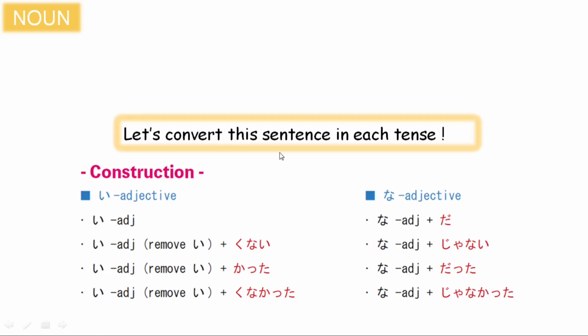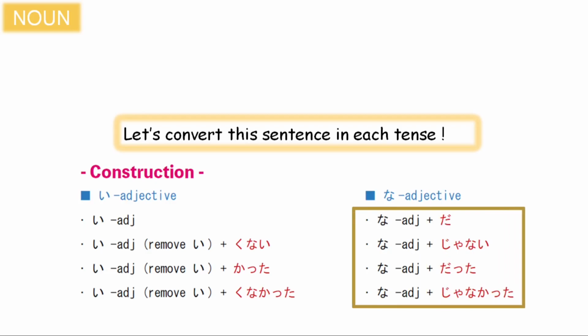So, na adjectives, in the present form da, present negative janai, past datta, past negative janakatta. Fine. I'm going a little faster because this is just a revision, minasan. I'm not explaining it here again. But I think I have taken the revision itself in a really detailed manner, isn't it?